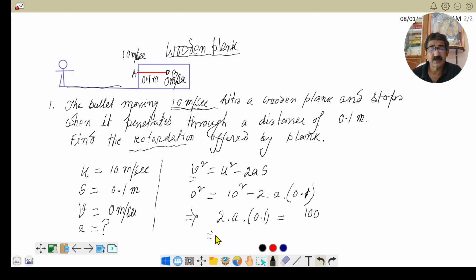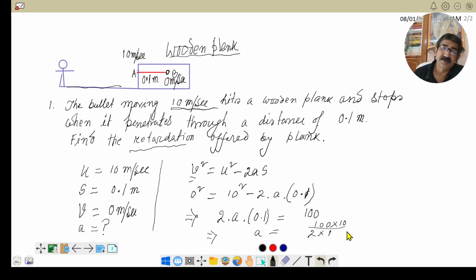That implies A is equal to 100 divided by 2 into 0.1, which means 1 by 10. 1 by 10 by 10, the third position goes to the first position. This is the mode of calculation.